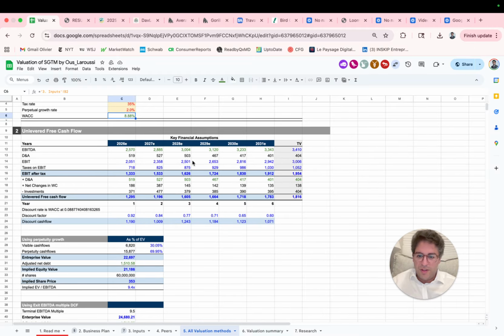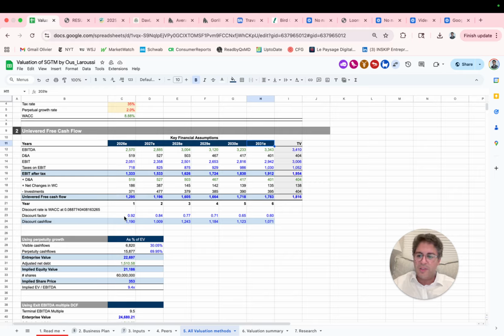What you'll see here is something very classic that we use in valuing a company. I'm gonna be looking for the unlevered free cash flows that will allow me to value the observable cash flows within the business plan, which are between 2026 and 2031, and then discount them back, and so as the terminal value.